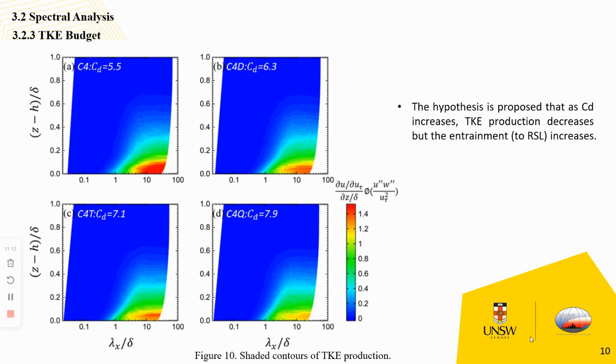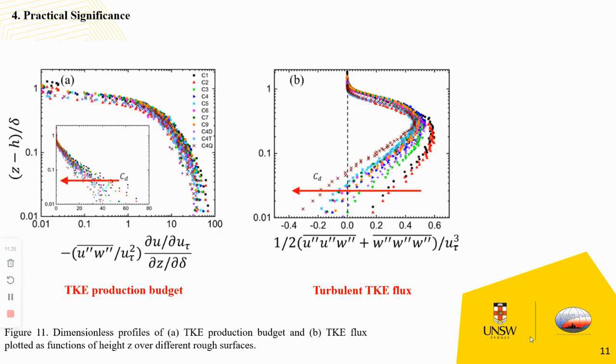And from this figure, we focused on the energy intensity that we proposed. A hypothesis is that as the drag coefficient increases, the TKE production decreases, but the entrainment increases, and we will verify it in this figure. We calculate the TKE production budget and the turbulent TKE flux, and the positive turbulent TKE flux represents the entrainment.